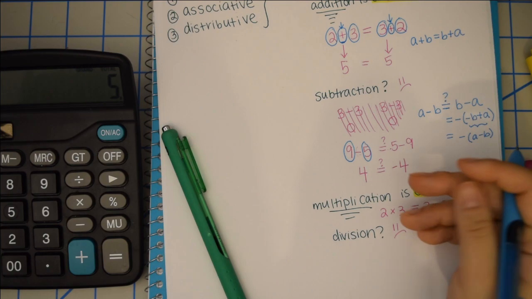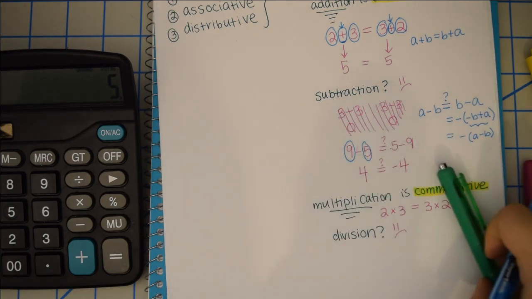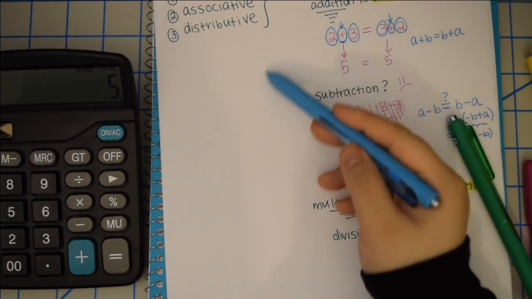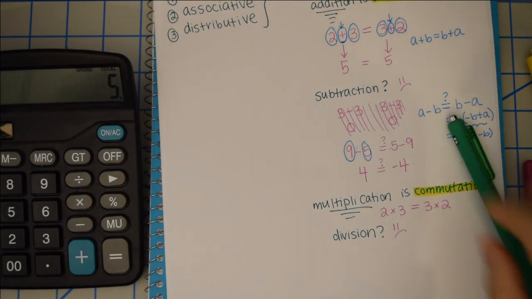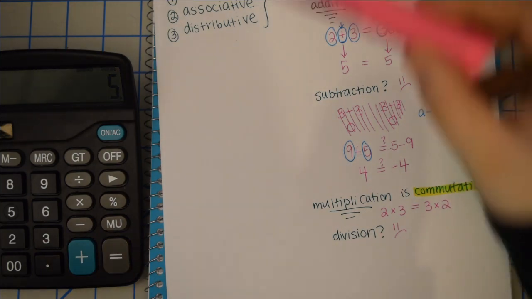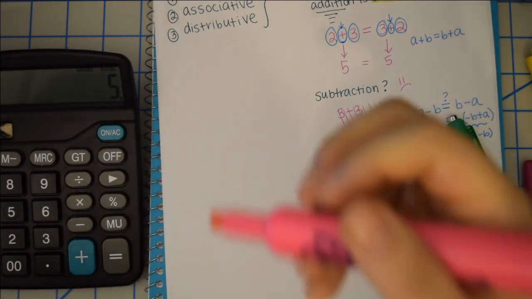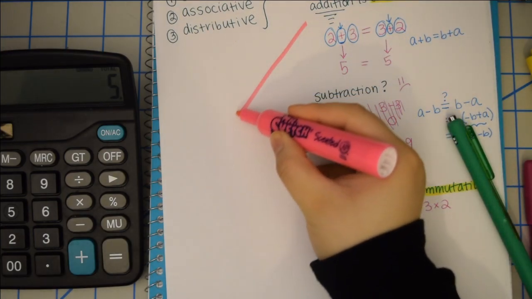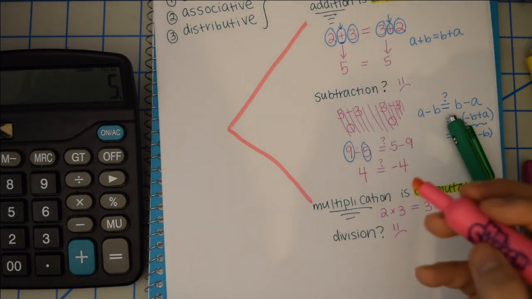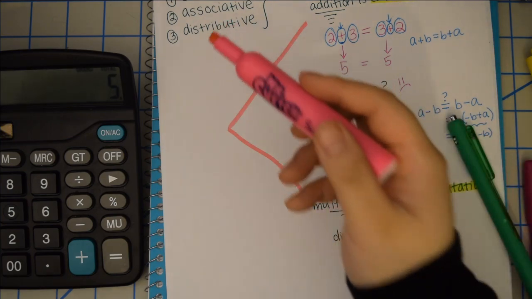And that's also probably why if you've seen addition and multiplication, odds are you don't use the words very often. Like I said, the commutative or associative or distributive.